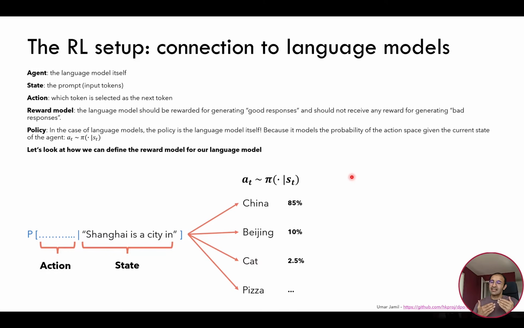This is similar to what we do with language models, because in language models we also have some kind of state, which is our prompt, and we ask the language model to give us the probability of the next token, or we can consider it the next action that the language model can take. And we want to reward this language model for selecting tokens in such a way that they end up generating good responses, and we don't want to reward the language model for selecting sequences of tokens that end up giving us bad responses.